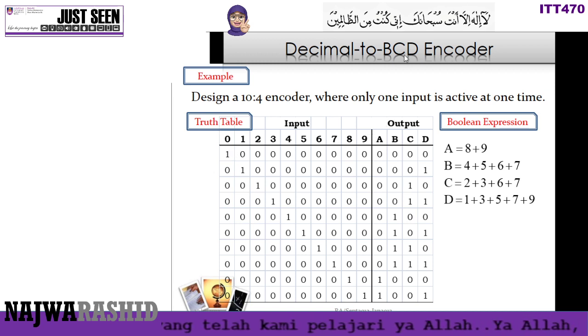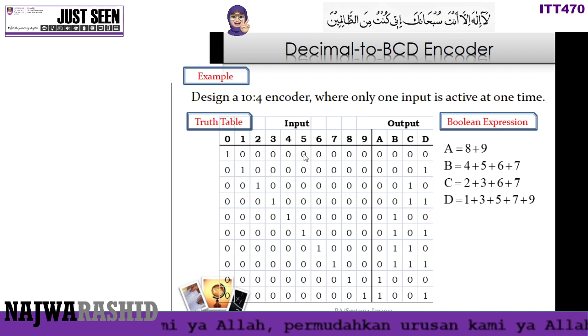The output is BCD, so we have A, B, C, D, because a BCD number has 4 digits. 1 digit in decimal equals 4 digits in binary in BCD.